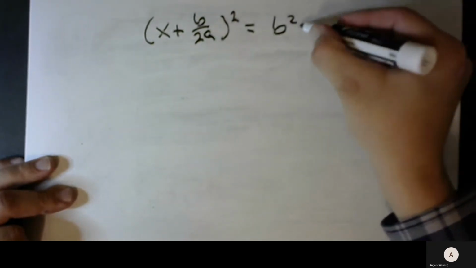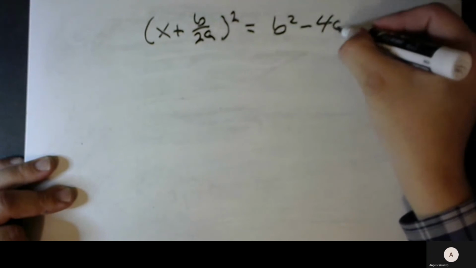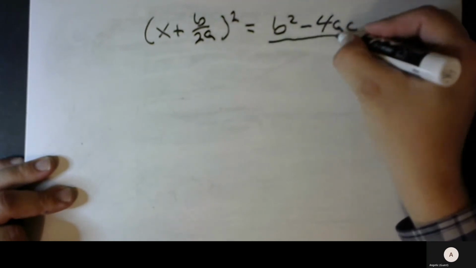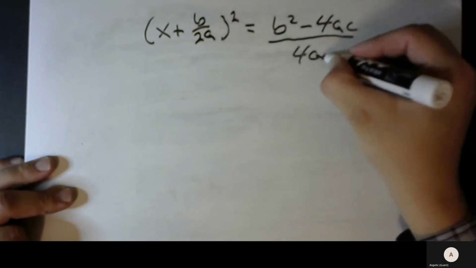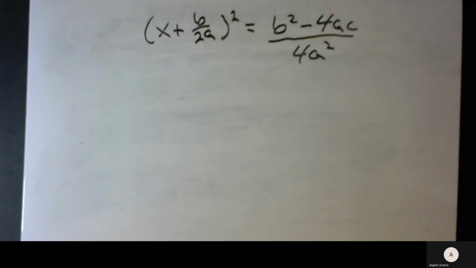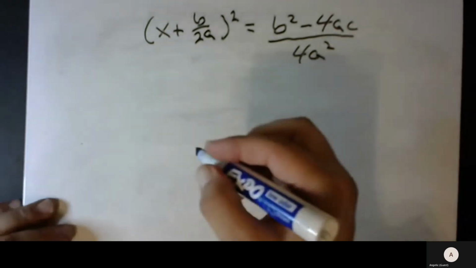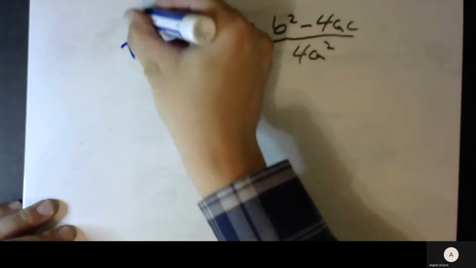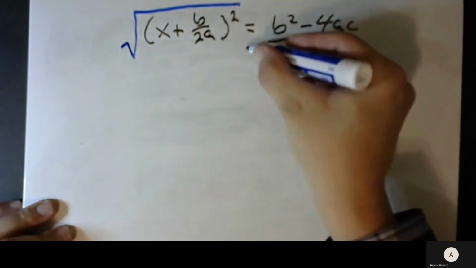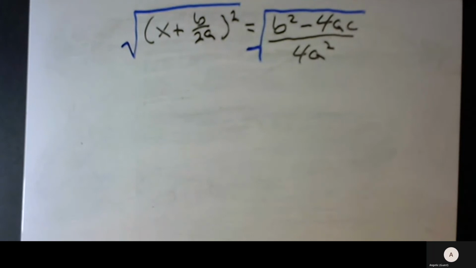So here's our old equation. Now this time, we're going to square root it. You might remember from last time when we talked about first degree equations, we talked about opposites: addition and subtraction are opposites, multiplication and division are opposites.